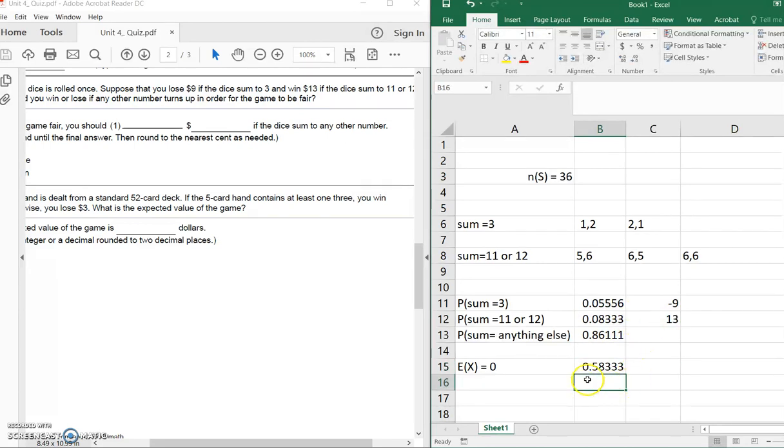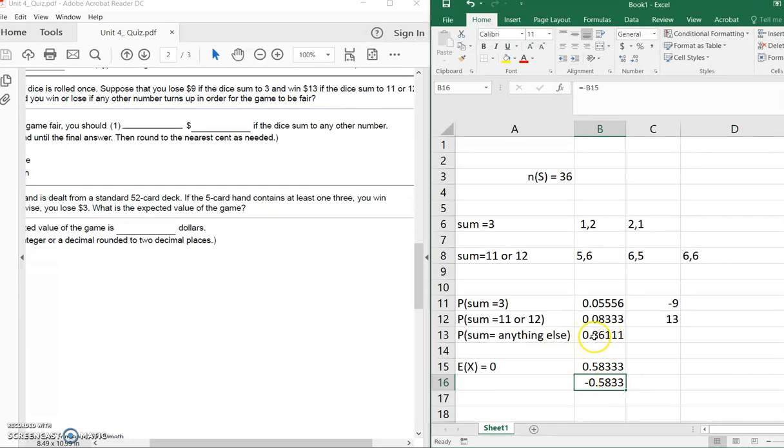So in order to make the total 0, I should get negative this as the expected value from the last part. So how do I get negative 0.5833?